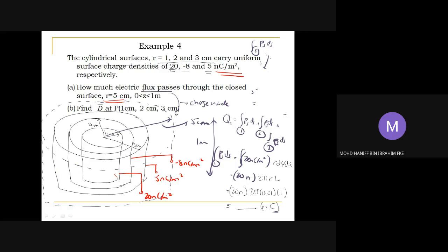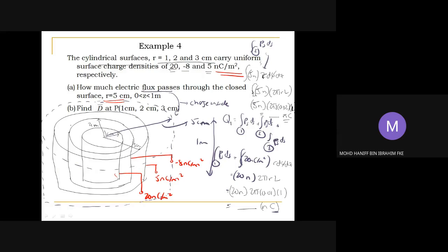The same thing applies for surface number 2, where you have the integration of 5 nanocoulombs per meter squared, and your ds will be r d phi dz. Then we're going to have 5 nano times 2 pi times 0.02 times L, where L is 1 meter, so you're going to have your charge amount in nanocoulomb.